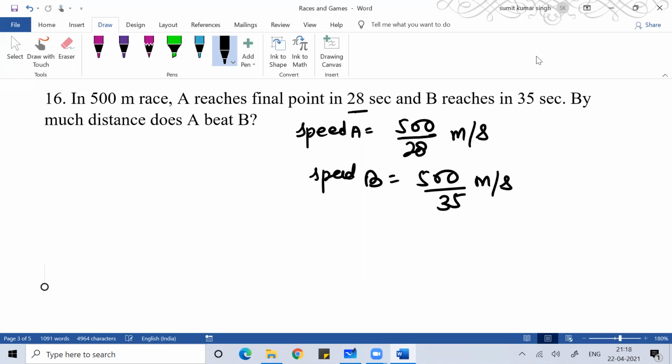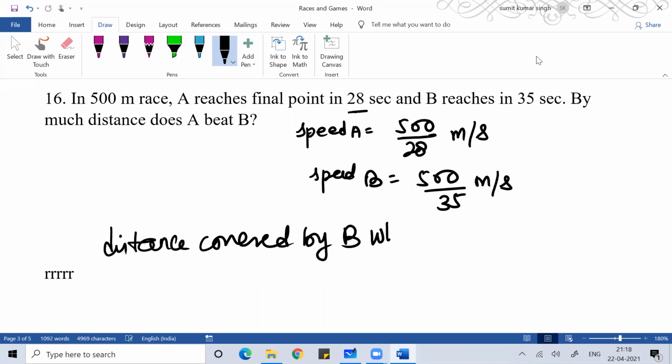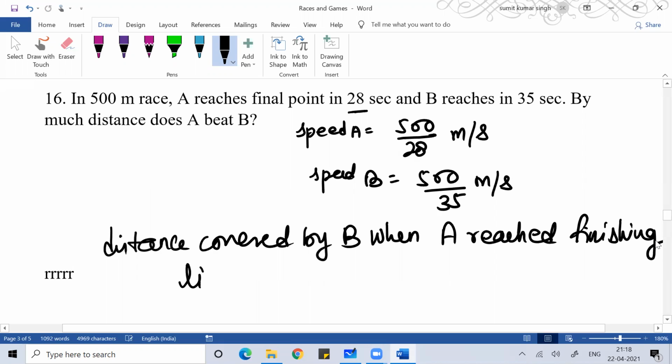So when A reaches the finishing line in 28 seconds, you have to find the distance covered by B when A reached the finishing line.